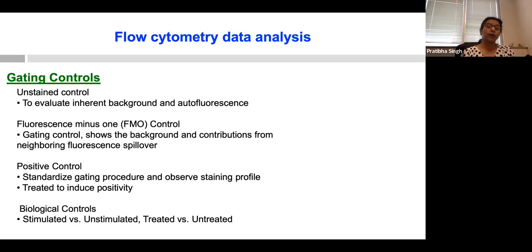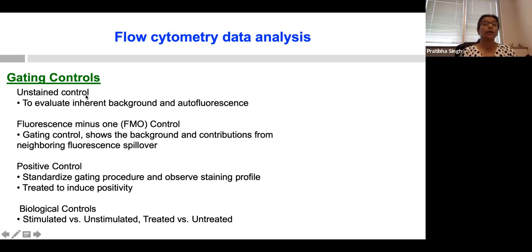It is also important, if you can, to have other biological controls, like stimulated cells. If you want to see whether particular markers are affected by certain treatments, you can include known controls and known treatments that stimulate the cells.